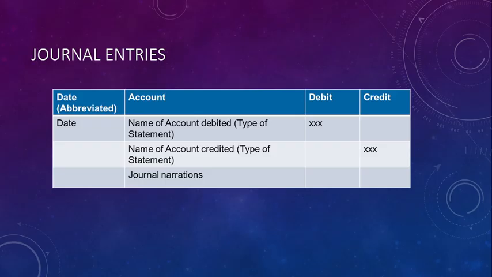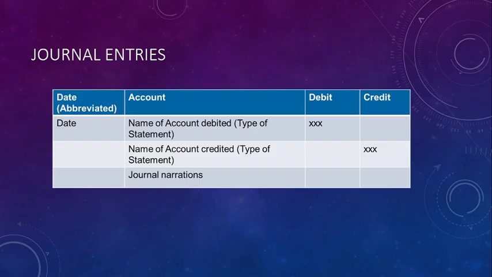So we spoke about this in our last lesson, that in terms of our format for our journal entries, we've got the date, we've got the account, and then we've got the debit and the credit side, right? Under account, you've got the name of the account that is debited, and then in brackets you put the type of statement, whether it be statement of profit or loss, statement of changes in equity, or statement of financial position.